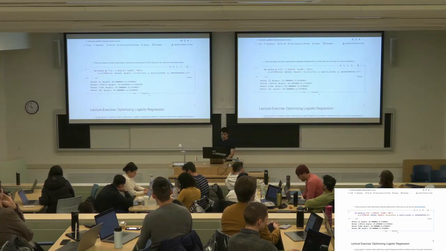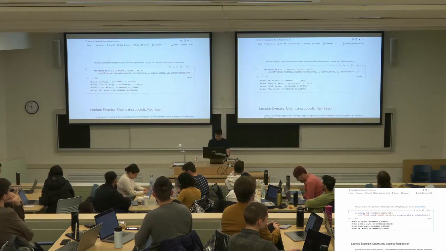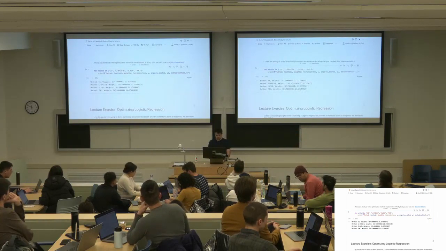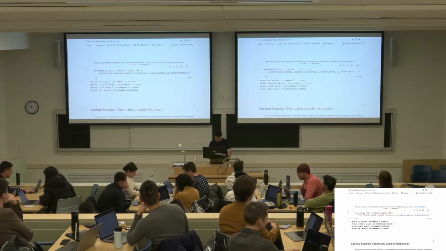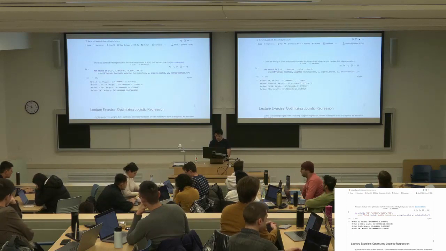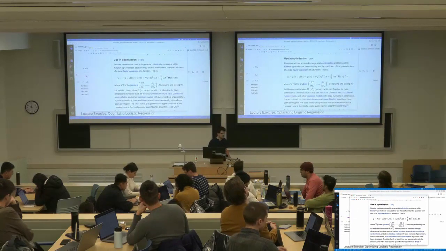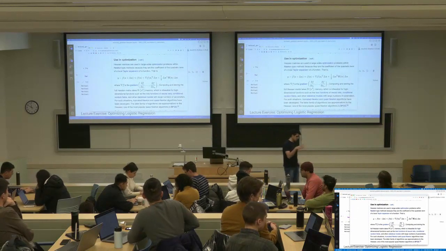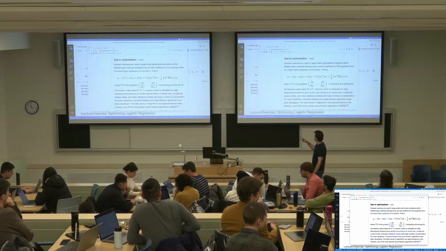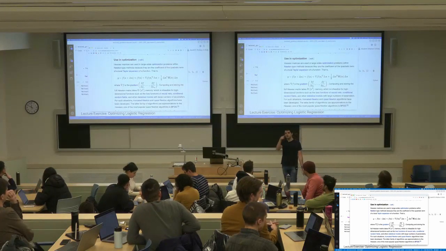So let me show you this equation here. Basically, what we do in these optimization algorithms is that at each point of the loss function, we approximate that loss function with a line.